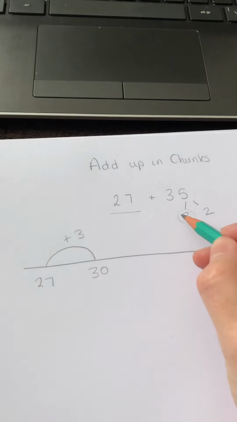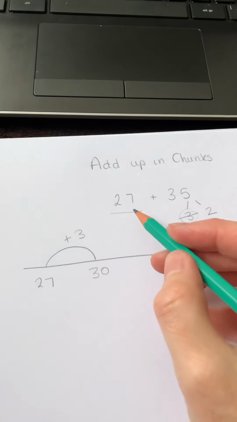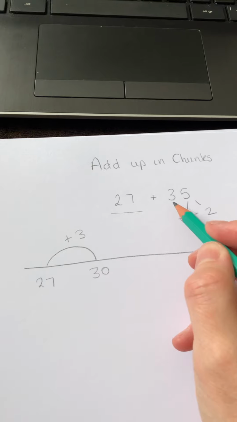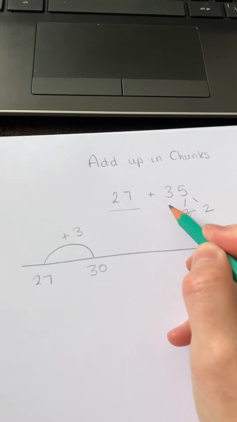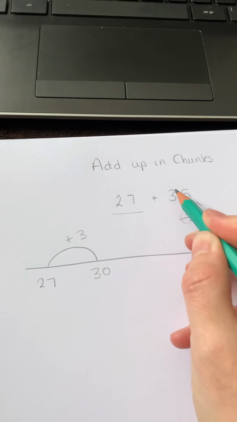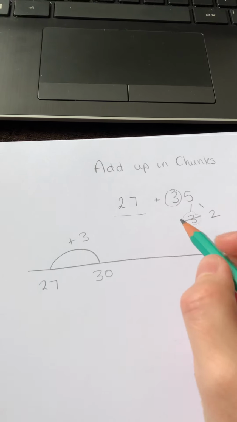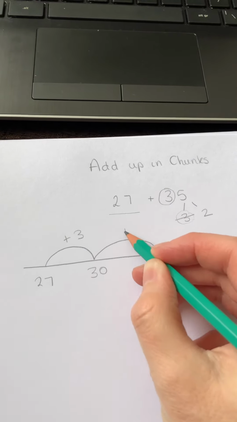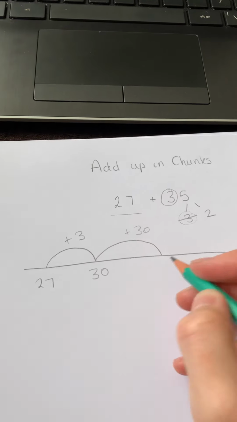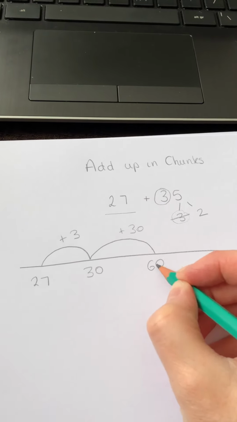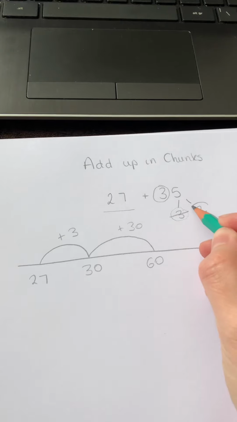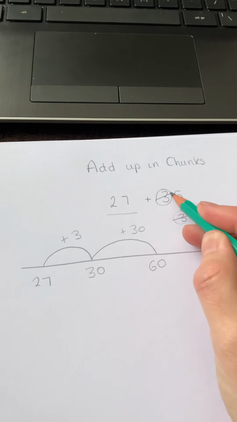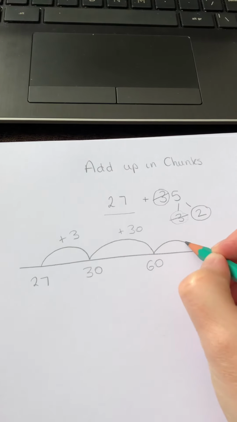Okay, so we've used that. Then, either way, I would probably add on your 10s here. So let's do a big jump of 30. 30 add 30 takes us up to 60. Then that just leaves us the 2 to add on because we've just added on the 30.